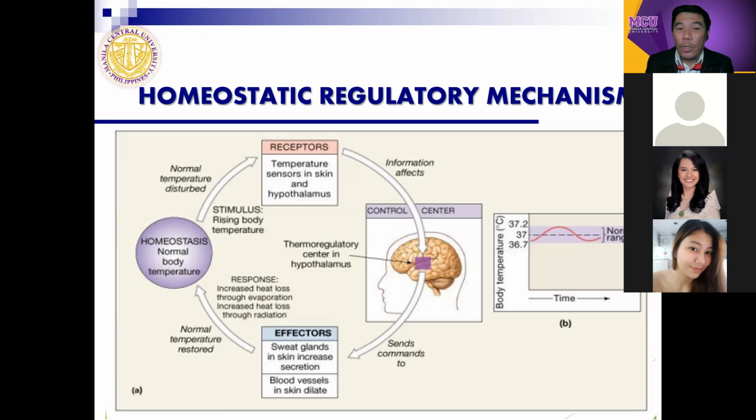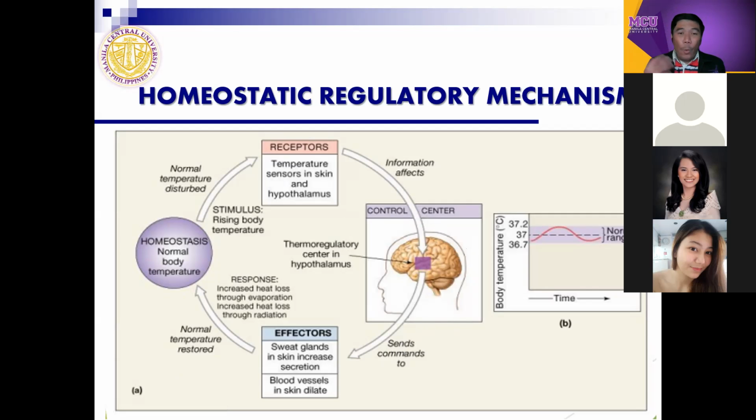So what will be the action of the hypothalamus? The hypothalamus as a command center will command the responsible organs and systems that can help in the stabilization of the temperature. So the hypothalamus as a control center extends its signal and sends commands to the sweat glands of the skin and the blood vessels.